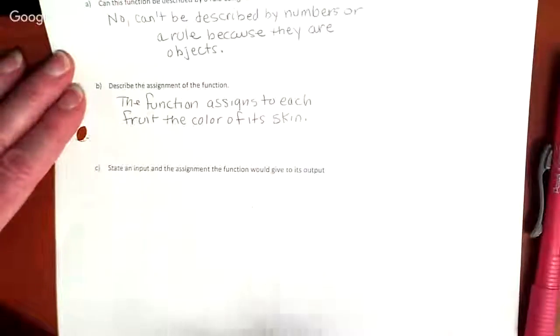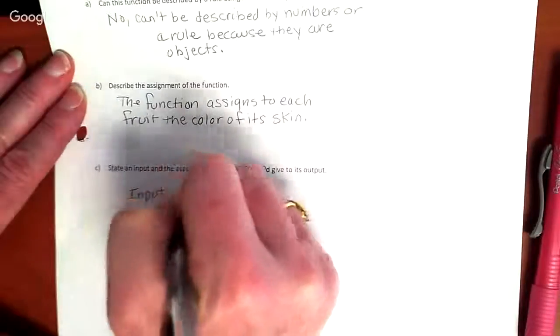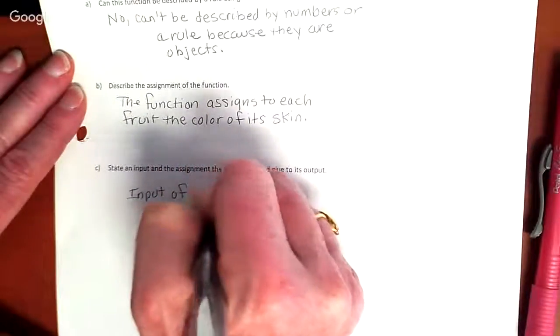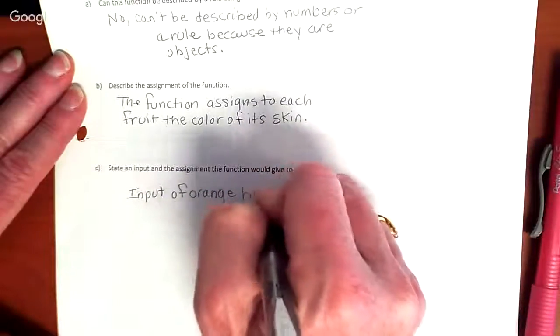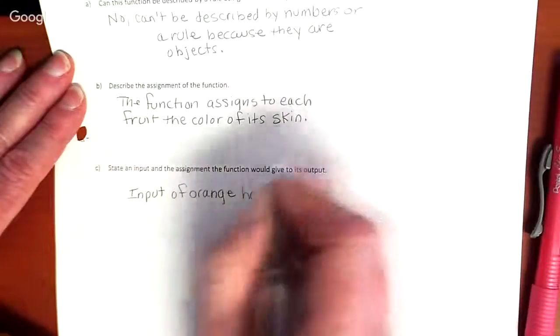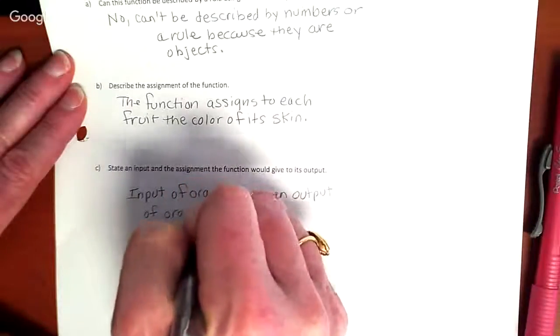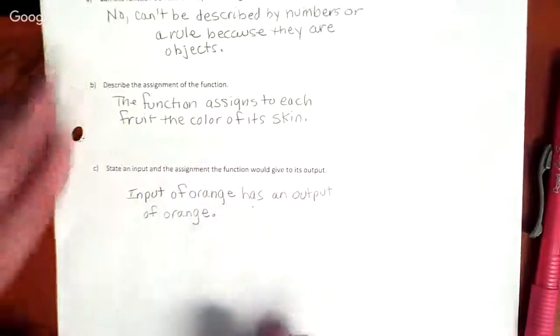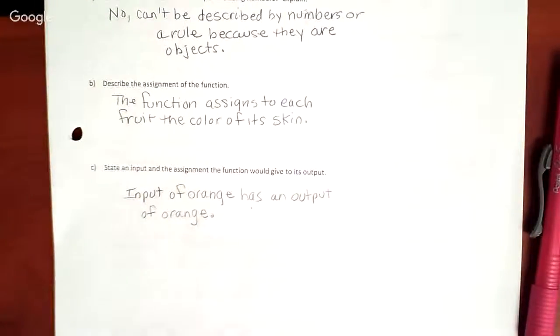Then it says state an input and the assignment the function would give to its output. Input of orange as an output of orange. And that ends our lesson.